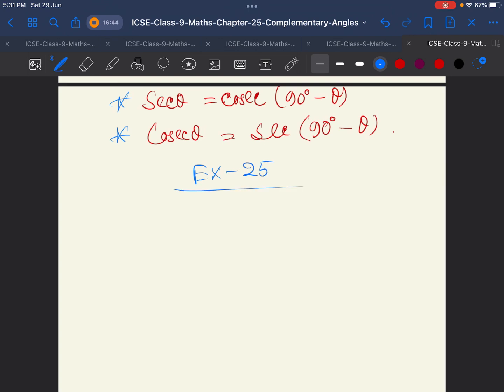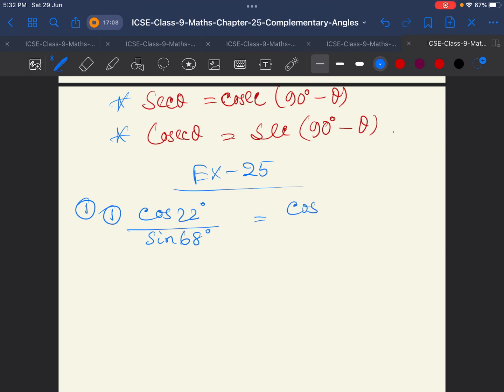Okay, so we will see the first question. Evaluate cos of 22 degree by sine of 68 degree.